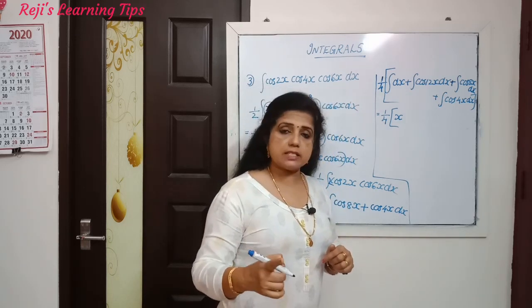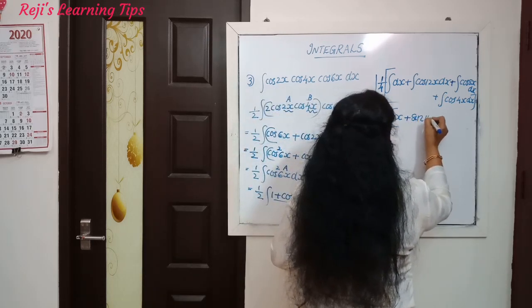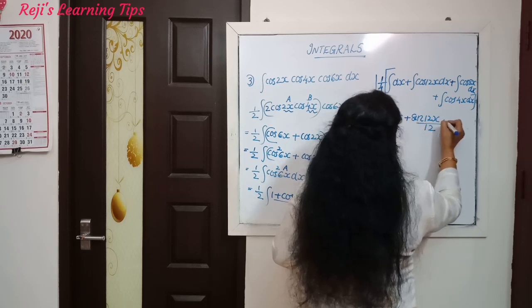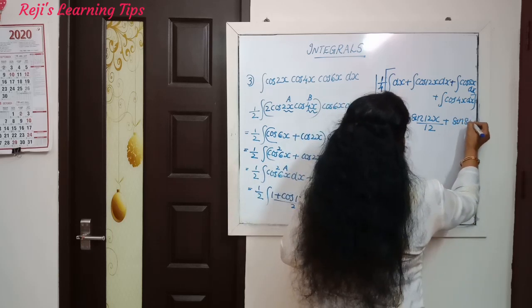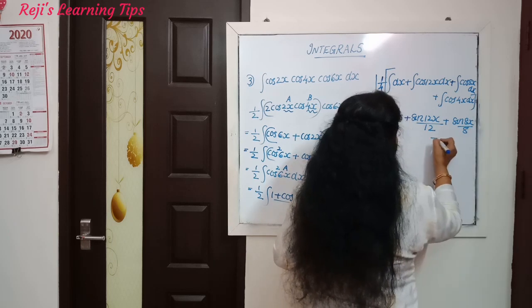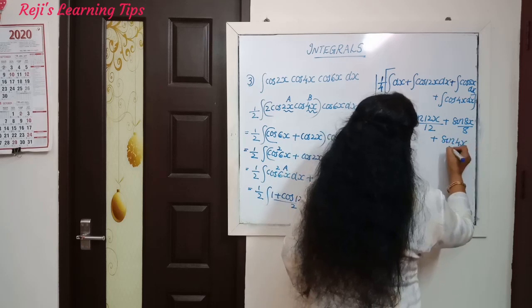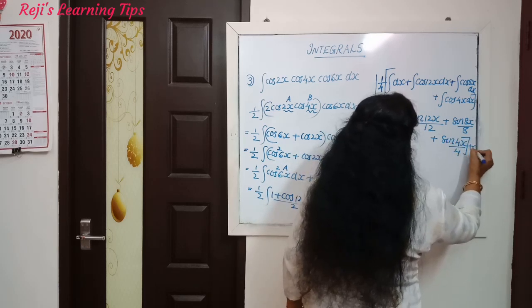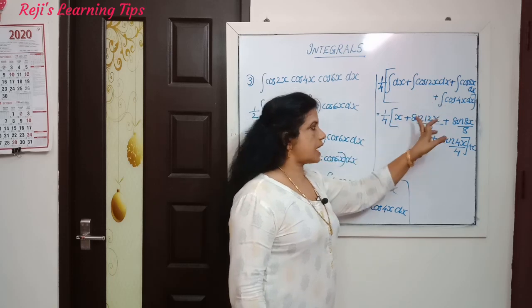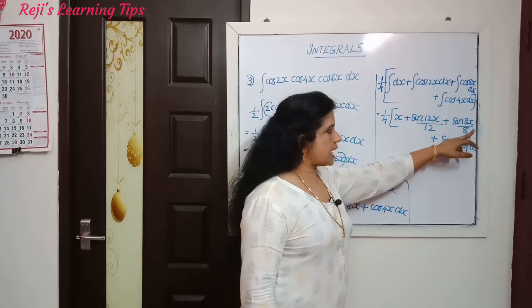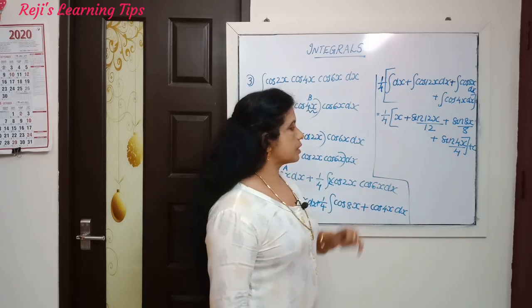Cos 12x dx is sin 12x divided by 12, plus cos 8x dx is sin 8x by 8, plus cos 4x dx is sin 4x divided by 4, plus c.